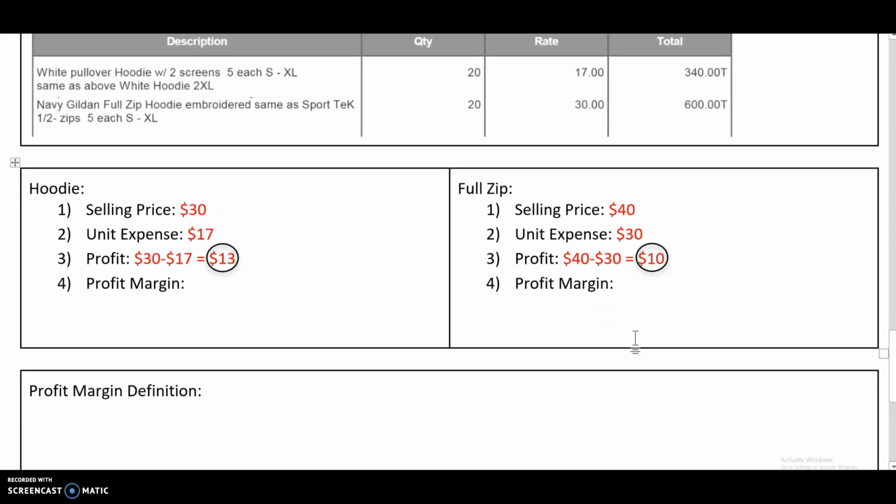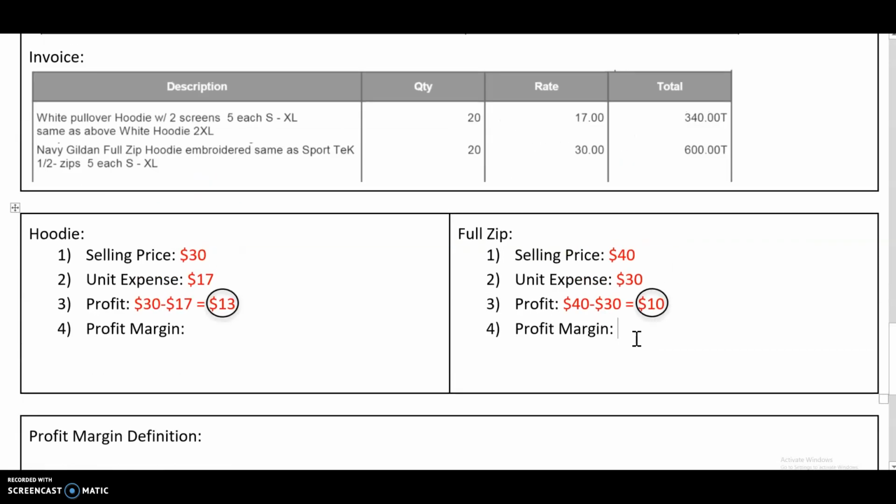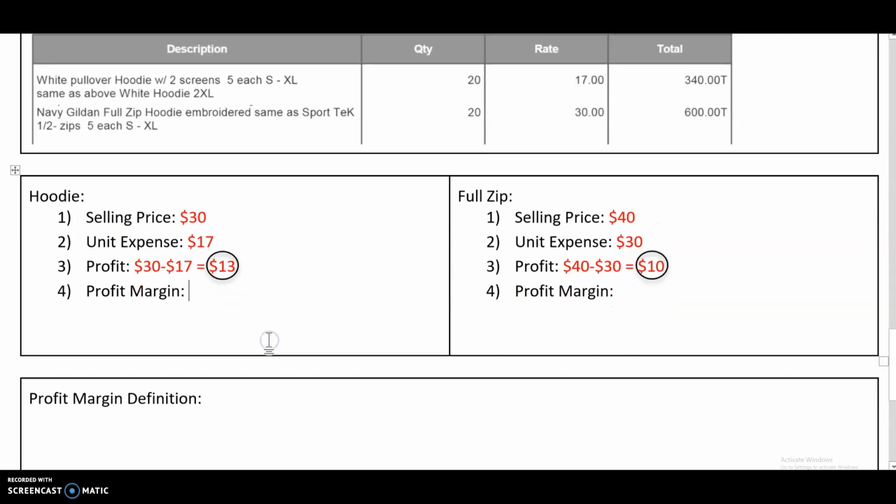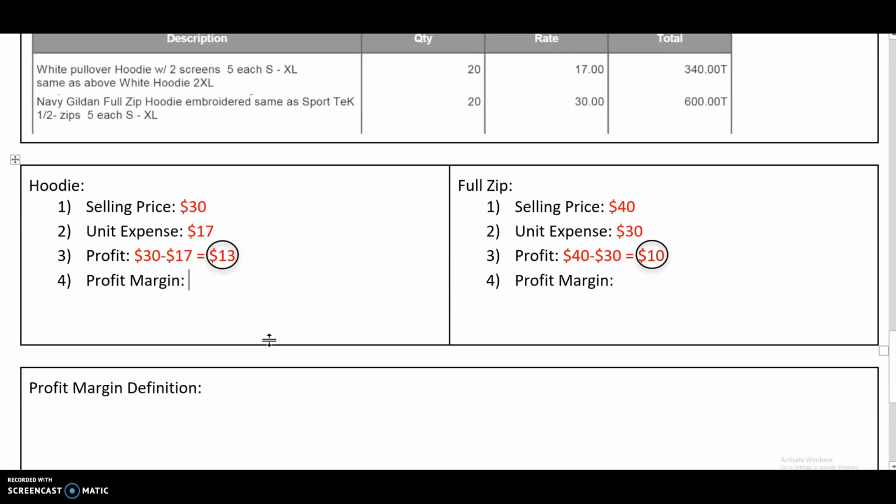What I want to talk about today is the profit margin. The profit margin is going to tell you the percent of the sale you are keeping, which is more useful to talk about profitability because oftentimes you're comparing things that cost different amounts. So for example, I might sell a jacket for $100 and be like, ooh, that costs a lot.